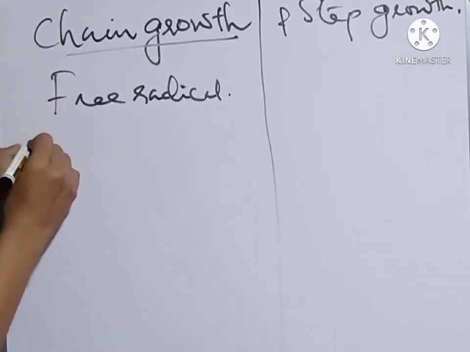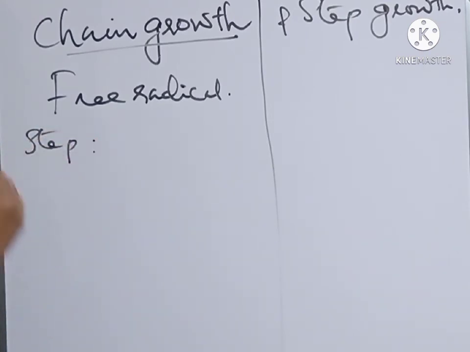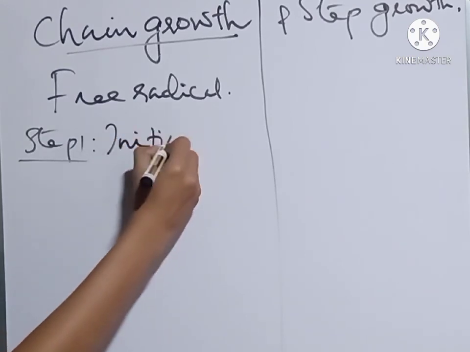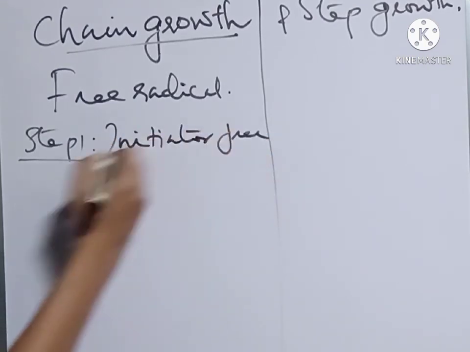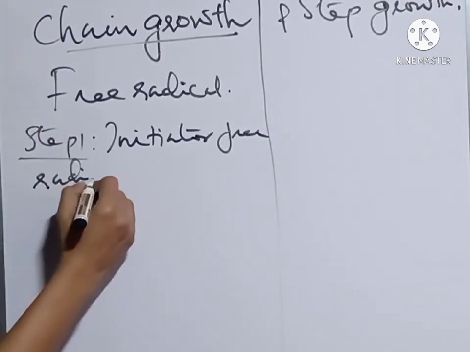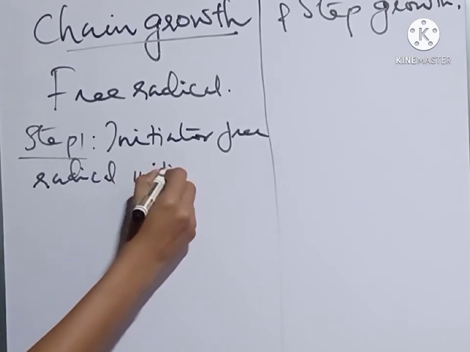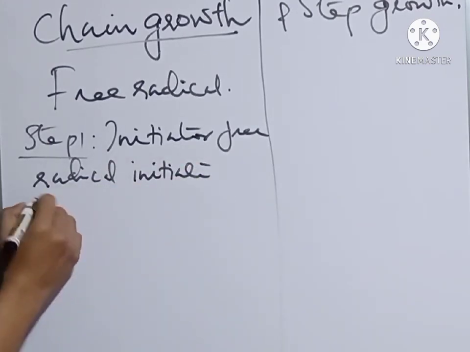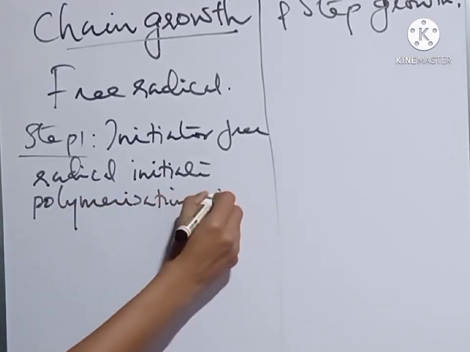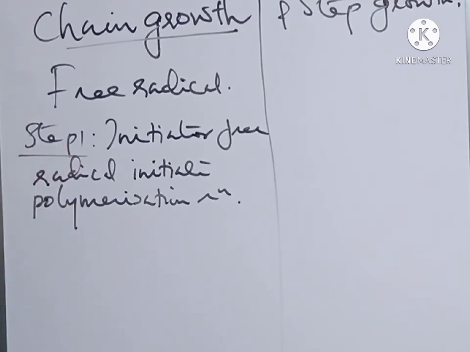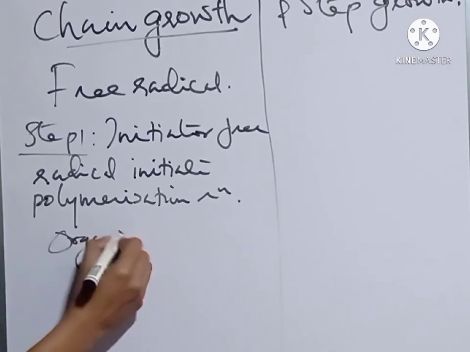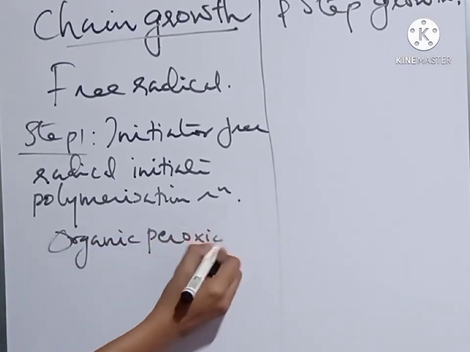That is, the first step is an initiator free radical initiating the polymerization reaction. The most commonly used initiator is organic peroxide.